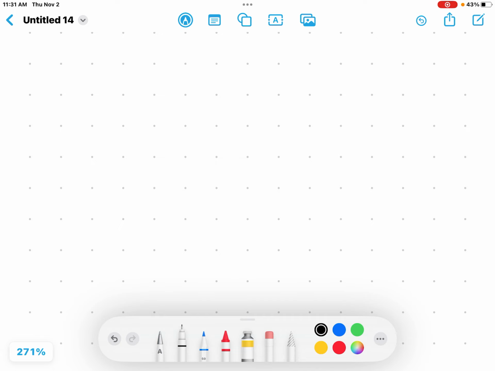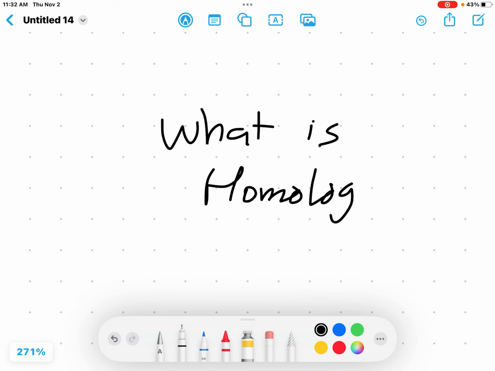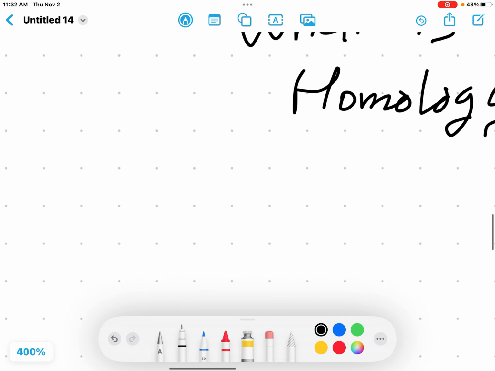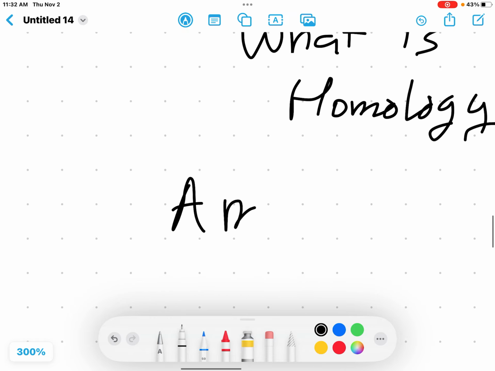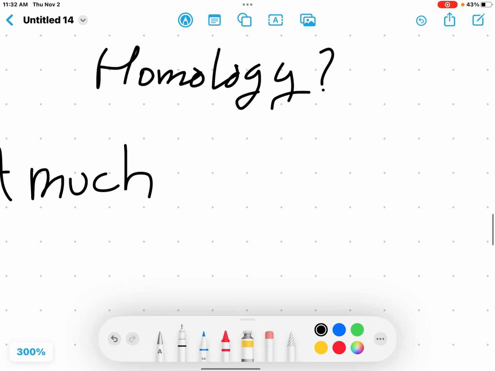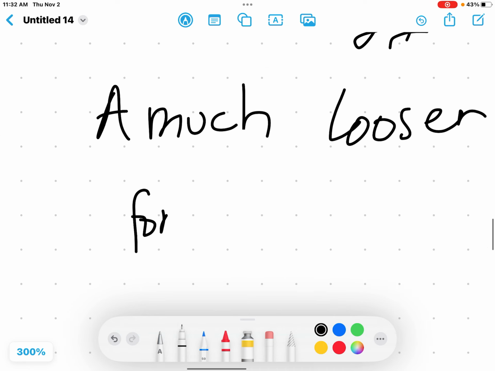So, what is homology? In a very loose sense, it's a much looser form of a homotopy.